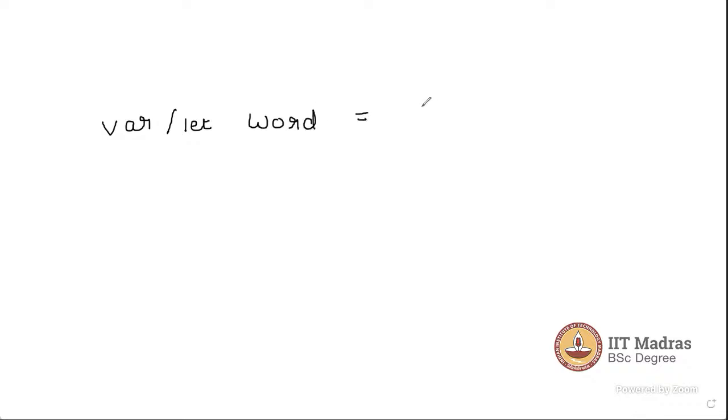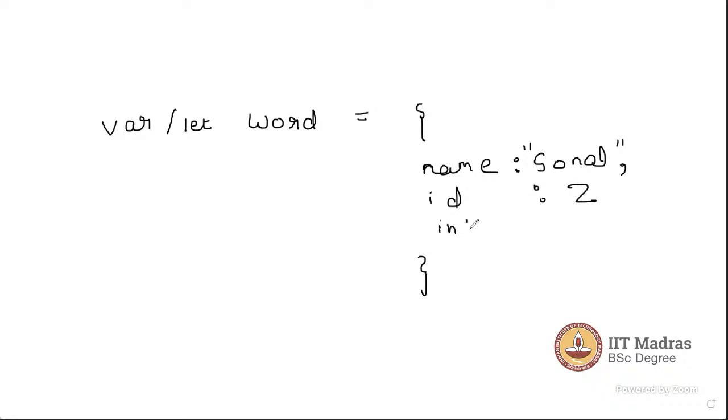We open a set of curly braces and close it. Inside we have our key and value pairs. Let's say we have my name, my ID, and some more info, separated by commas.